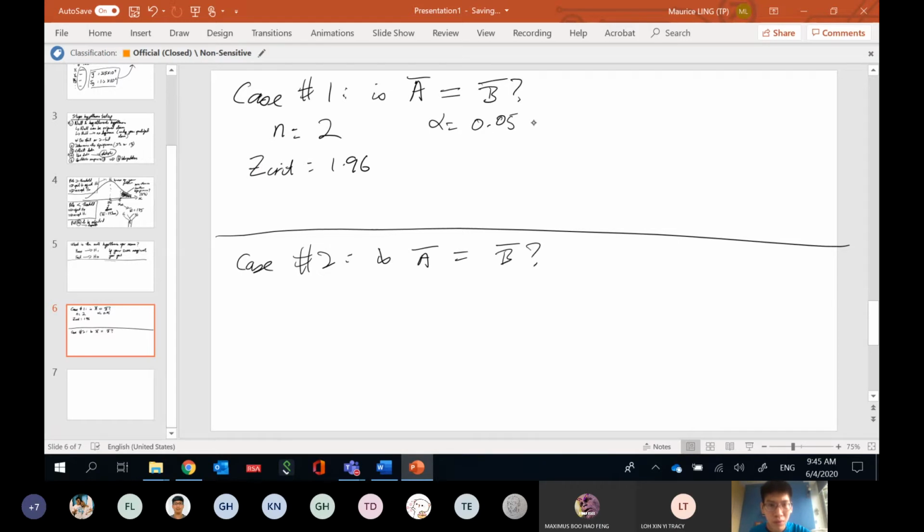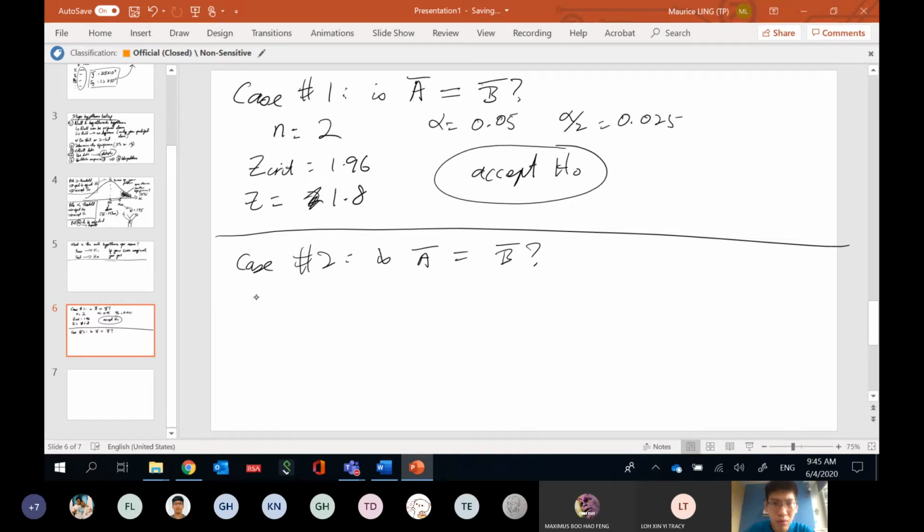Okay, so this alpha divided by 2 is 0.025. Okay, so it's 1.96. Then you calculate your Z value to be 1.8. So here you accept the null hypothesis. Okay, this is your conclusion.